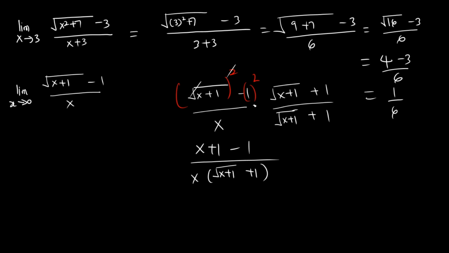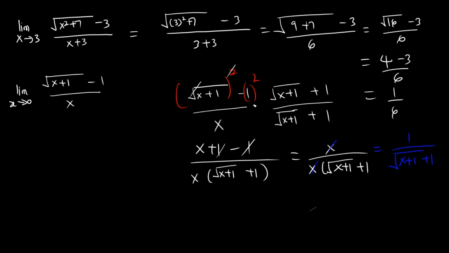So you see that this negative 1 will cancel out this 1 here. So you're going to have x over x multiplying the square root of x plus 1 plus 1. And of course, we can cancel out this x here also. So you're going to have 1 over the square root of x plus 1 plus 1.